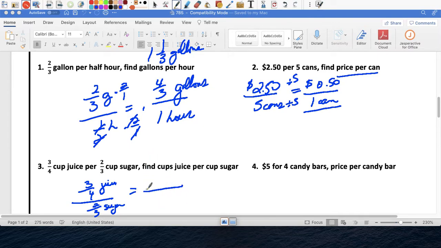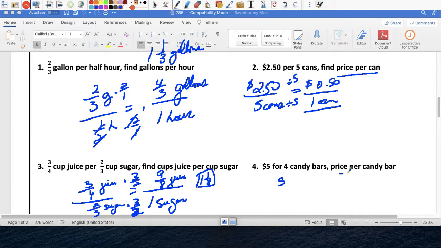So what happens when we have 1 cup of sugar? How much juice will we need? Well, in this case, it's times 3/2. We get 9/8 cups of juice. And if you wrote that as 1 1/8, that's okay too.